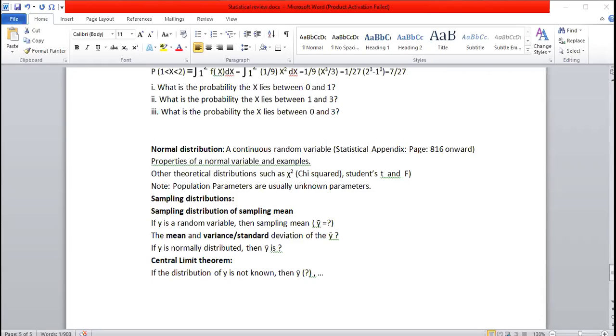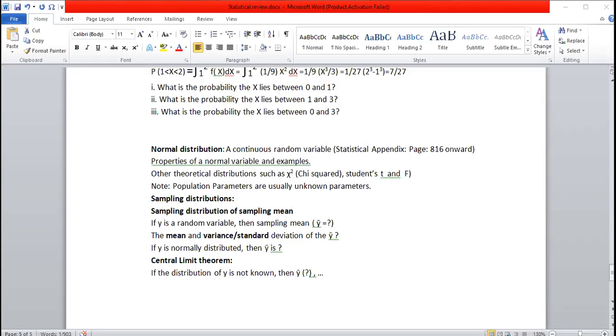But we already spent more than three weeks on probability and statistics. I cannot afford any more. So I'm going to move on to our main econometrics.